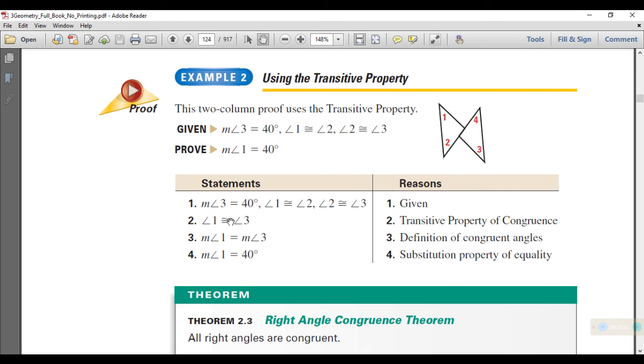Transform natin sila into equality. Numbers na, so measurement na. Measurement of angle 1 is equal to measurement of angle 3. Definition of congruent angles ulit. Next, substitution property of equality. Substitute natin si measurement of angle 3 na given, which is 40, dito sa susunod na outline. So, measurement of angle 1 is equal to 40 degrees. Okay?